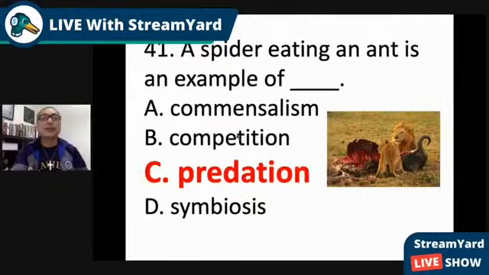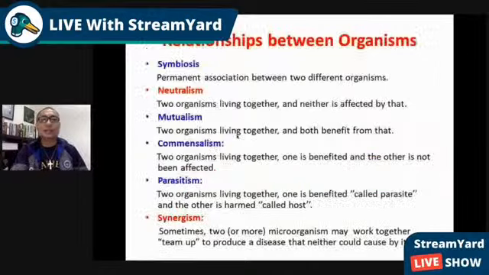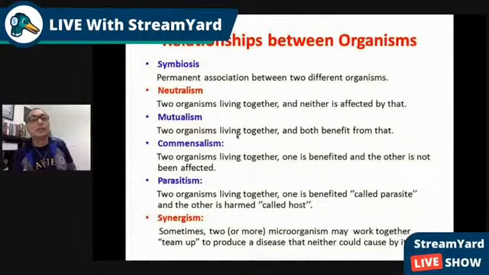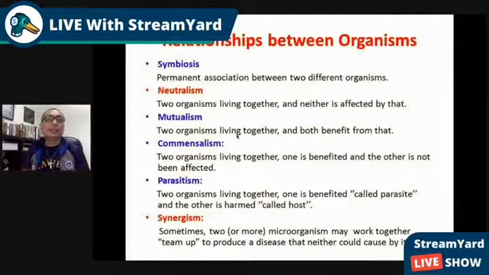Predation. But far more than predation, let's try to understand the rest of the relationships between organisms. So, symbiosis is a permanent association between two different organisms. There's such a thing as neutralism, where two organisms live together but are not affected by each other.